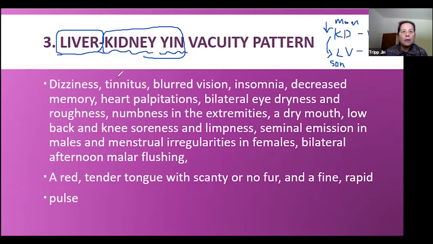So that's why we're talking about these two organ deficiencies together. General symptoms: dizziness, tinnitus. Dizziness and tinnitus are illness names. They have a lot of patterns, but here we're talking about the deficiency part. And with liver yin deficiency, the eyes lose nutrition, so blurred vision. And also insomnia, memory decreased, poor memory.